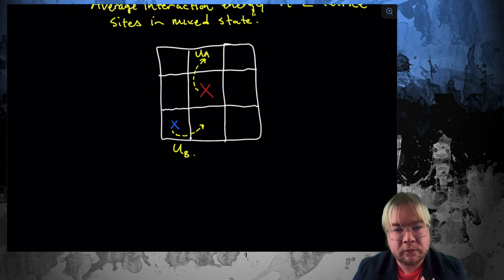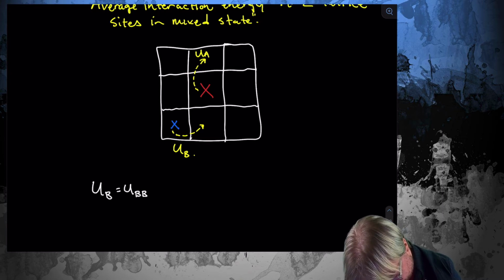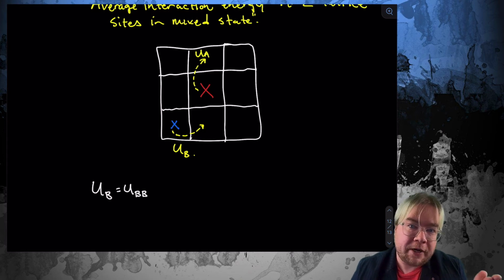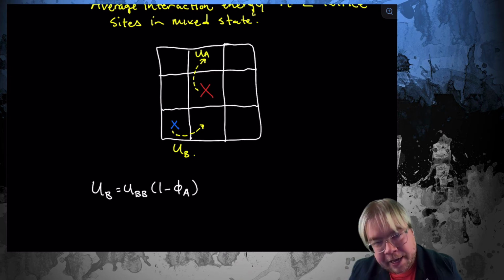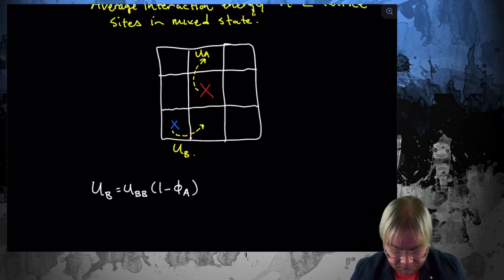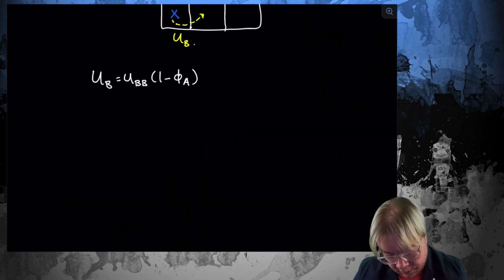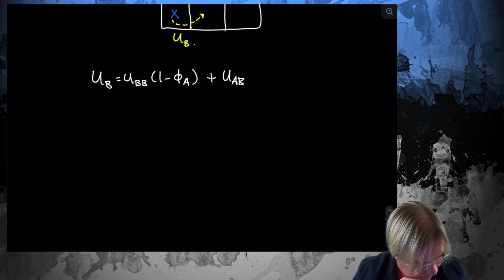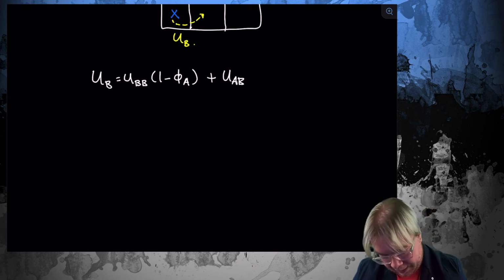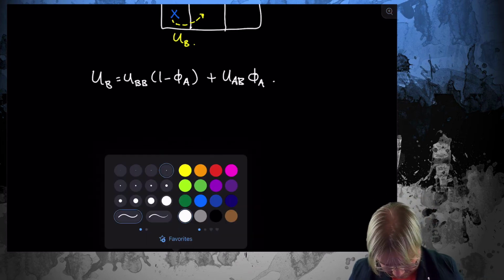That expression will be similar to what we had for UA. So this average interaction energy will be the strength of a BB interaction multiplied by the volume fraction of B, so multiplied by 1 minus phi A. And then there is the potential of a cross term, which would be UAB, multiplied by the volume fraction of A. So that would be on average how many A particles are around that B particle.